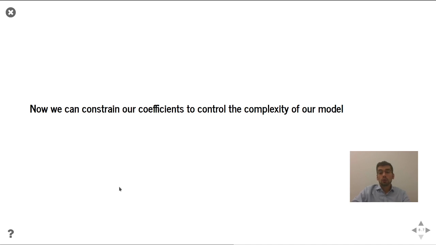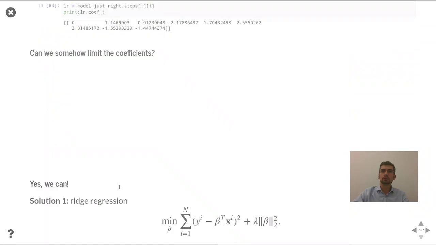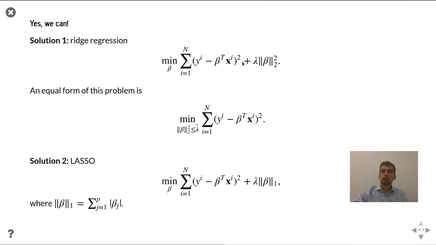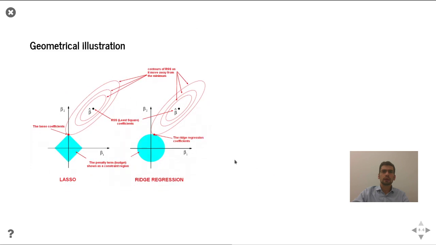So now we know how we can constrain the coefficients, and the hypothesis is that we can control the complexity of our model modifying the parameter lambda here. Actually, in scikit-learn it's called alpha, I'm sorry.